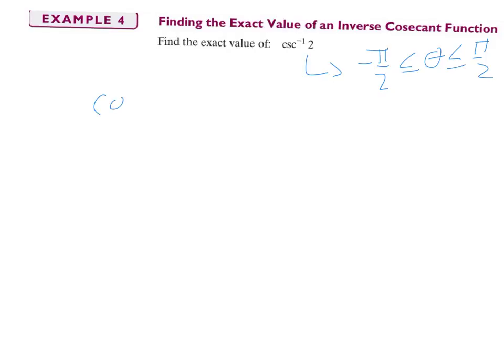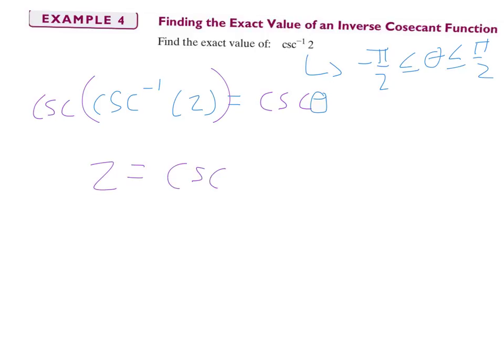So if we have cosecant inverse of 2 is equal to theta, and if we take cosecant of both sides, we have that 2 is equal to cosecant of theta. Now remember, cosecant is equal to 1 over the sine.